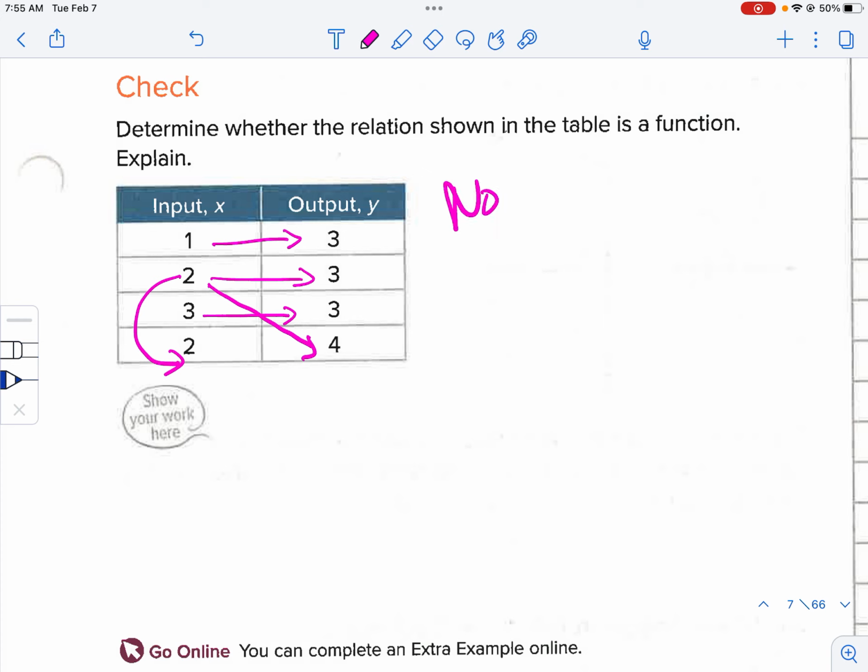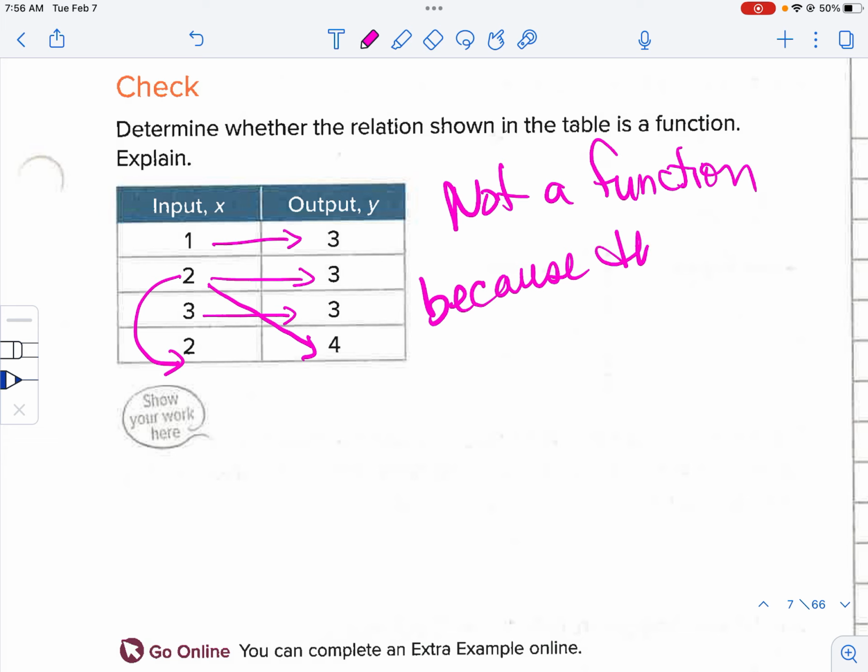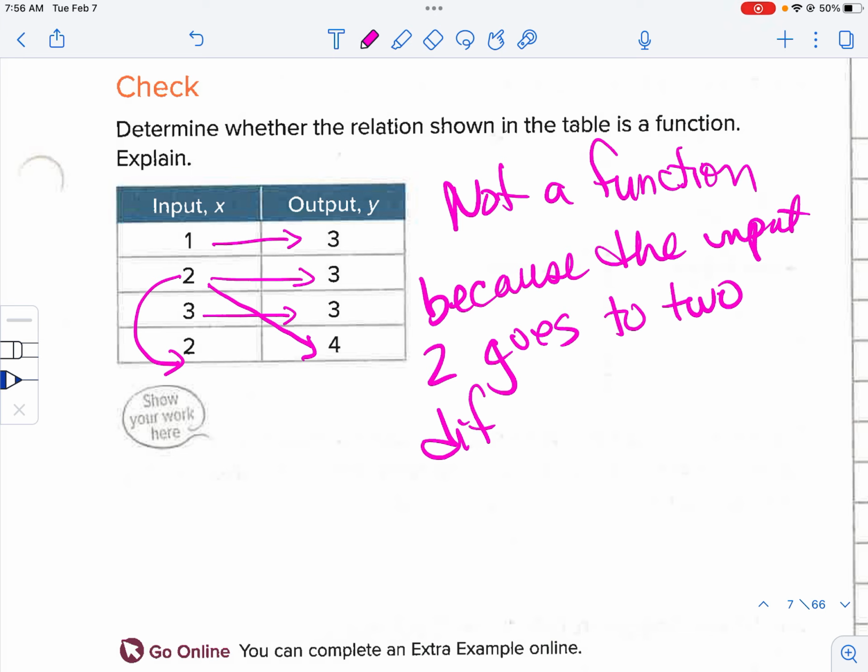So this is not a function, because the input 2 goes to 2 different outputs, 3 and 4.